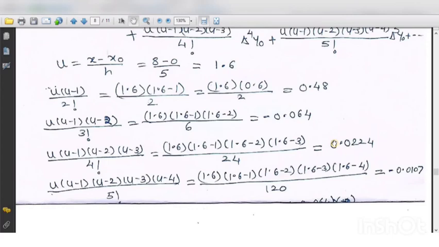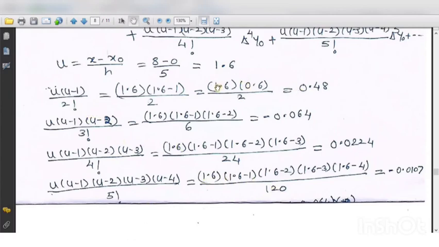Sometimes we will get confused about which value we are calculating, where to subtract, where to add, where to divide, where to multiply. So always consider these values separately and calculate them separately, so that there will not be any mistake.